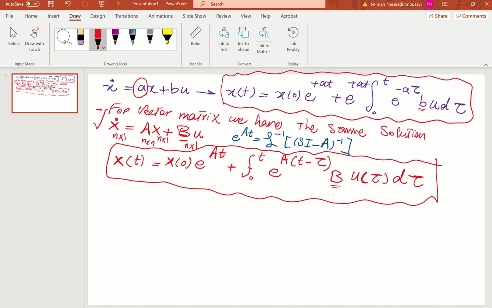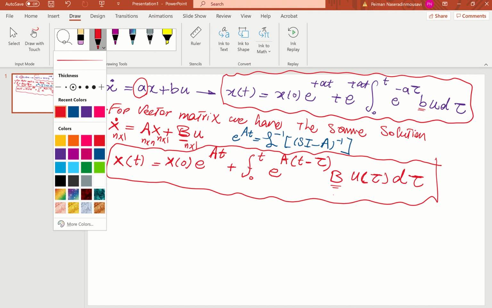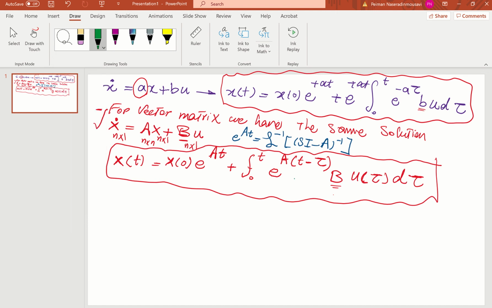Again, I'm just writing here, we know that e to the power of A(t minus tau) is e to the At times e to the minus A tau, from the matrix exponential properties. So let us derive this.